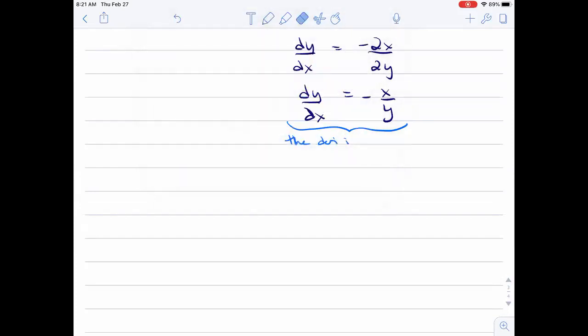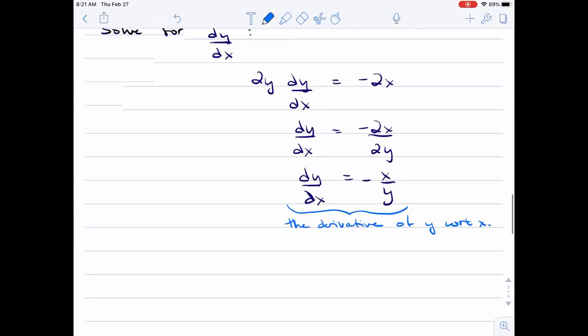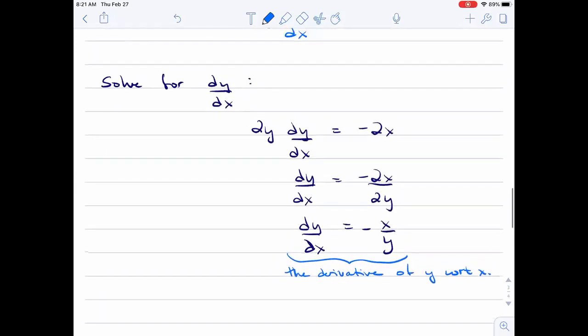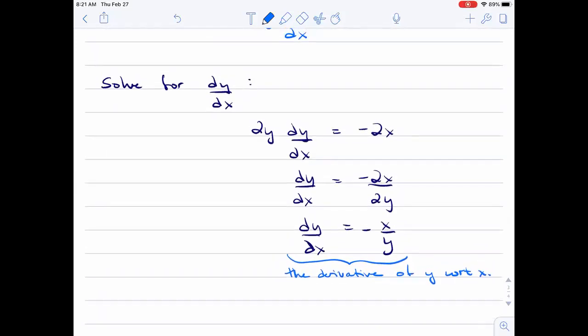Derivative of y with respect to x. Is that good? And the derivative is a function for the slope of the tangent line at any value of x and y.